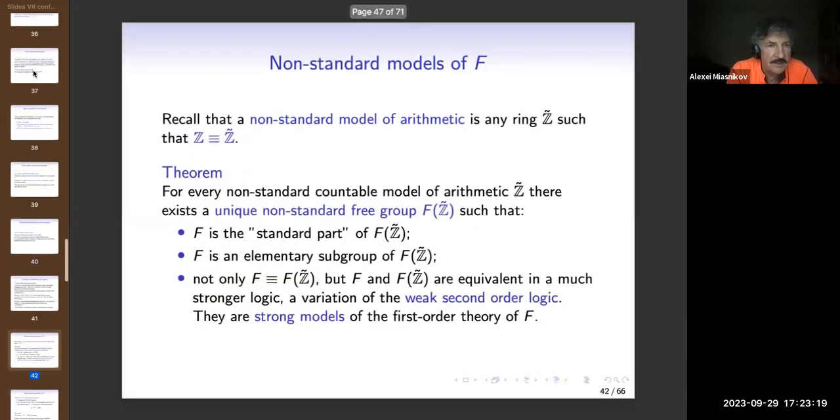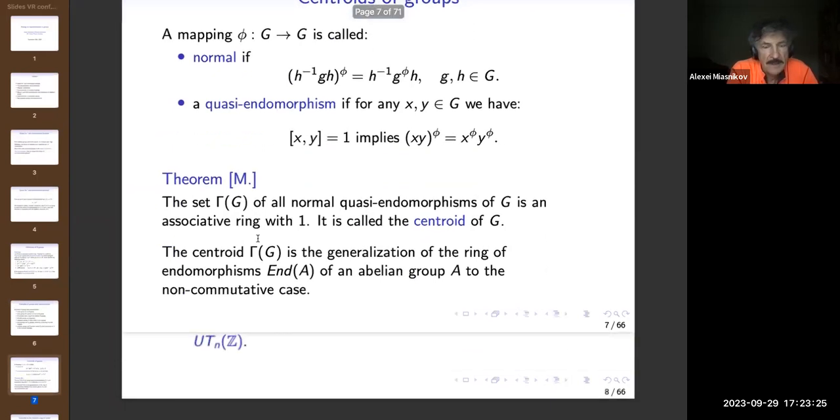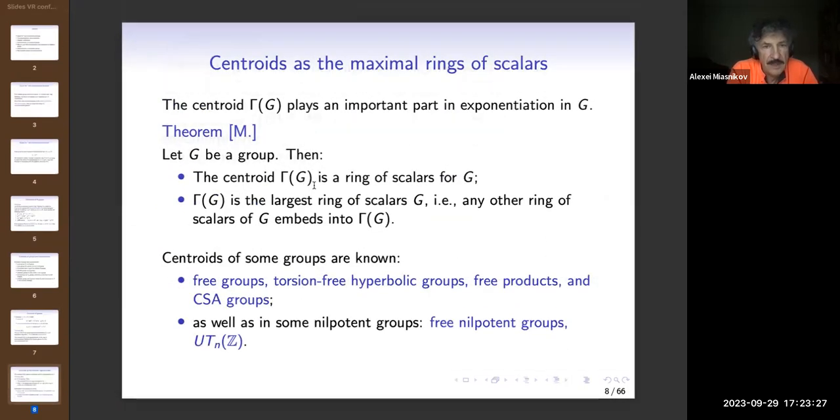Yeah, it's a good question. Let me explain, because there are two things here. You started with a group G, right? And the centroid is a maximal ring of scalars. Any other ring embeds there.